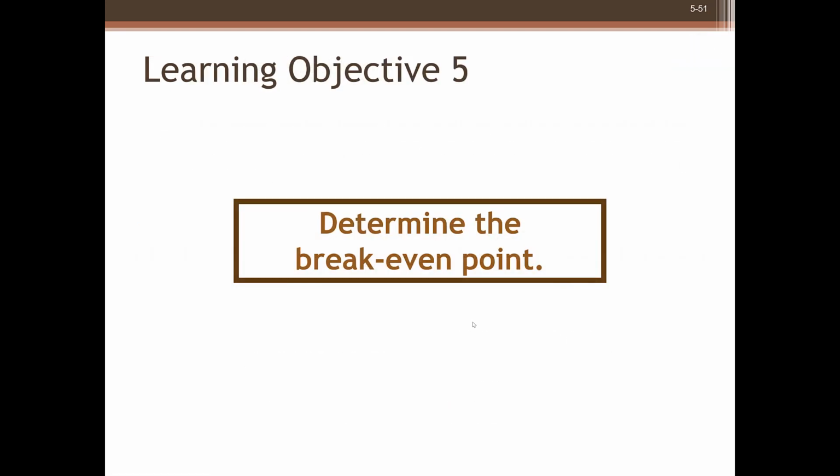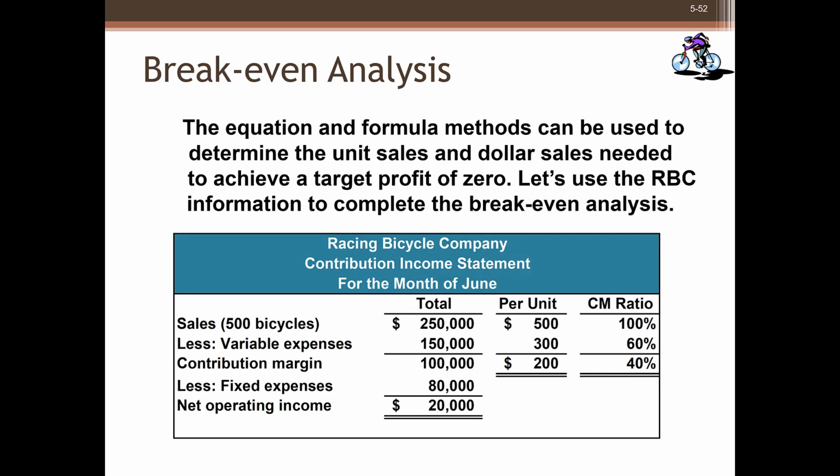Now we can take a look at learning objective 5. Determine the break-even point. We can also use two methods, equation method and formula method. Keep in mind, break-even point is where profit equals 0. Let's take a look at the RBC contribution income statement, and all the basic information is the same.